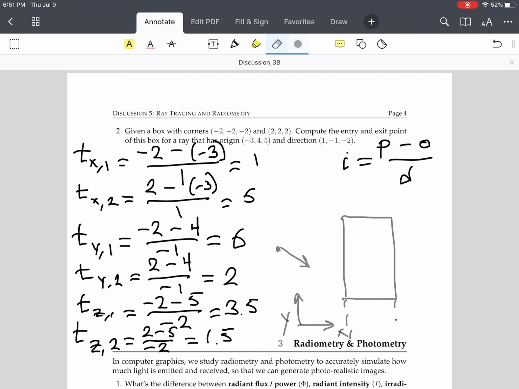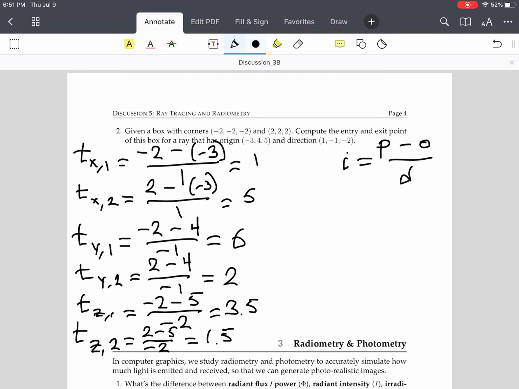Okay, so this is great. We know when we're in the box in each direction, but that's not really what we're here for. What we want to know is when we're in the box in every direction. Okay? And so the way to do this is we take the max of the mins and the min of the maxes.